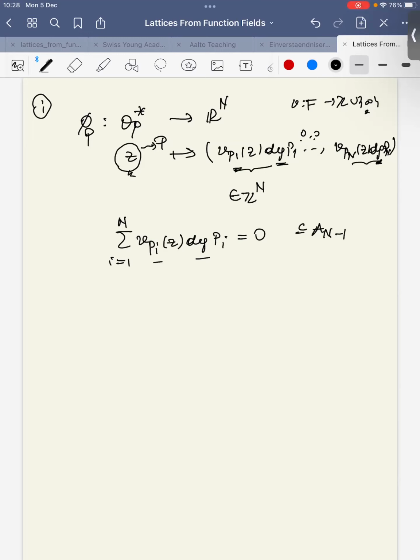All zeros and poles should appear in the set P, so this expression is indeed the degree of the principal divisor, and principal divisors are degree zero divisors. This is why we have this equality.